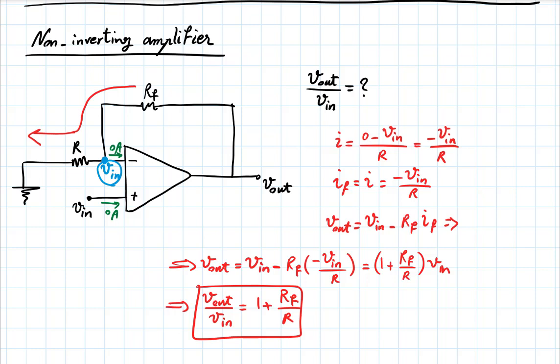So that's one way to think about it. But I'll keep what I had there, because I want to emphasize that you don't need to know how a particular op-amp circuit is supposed to behave ahead of time. You can just choose whatever conventions you want for currents and voltages and solve the circuit. Okay. So this is a non-inverting amplifier. But indeed, you can think of it as a voltage division having been implemented between Vout and Vin.